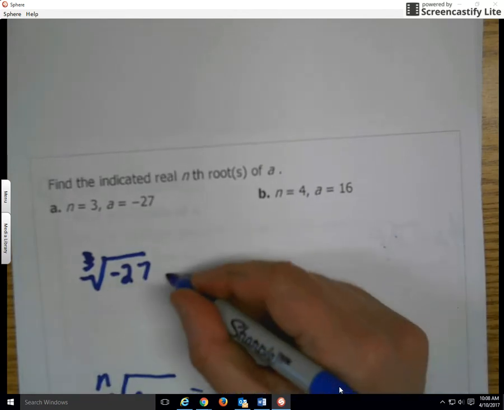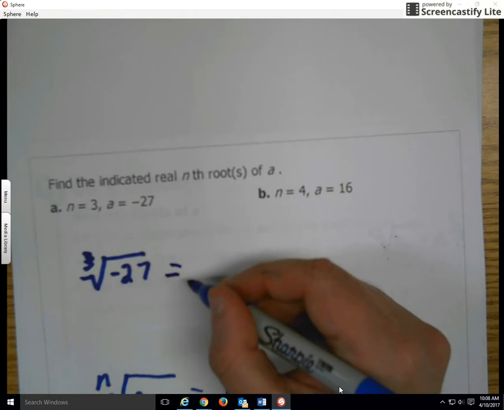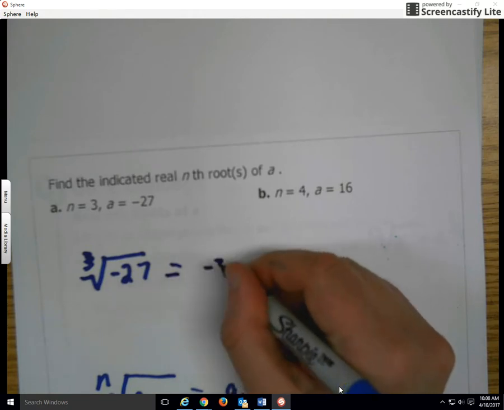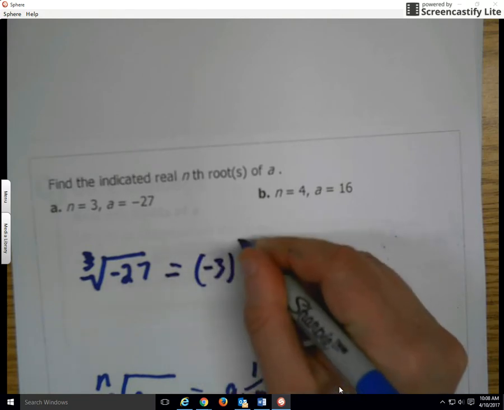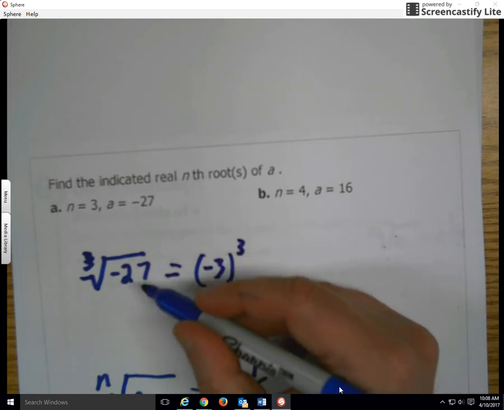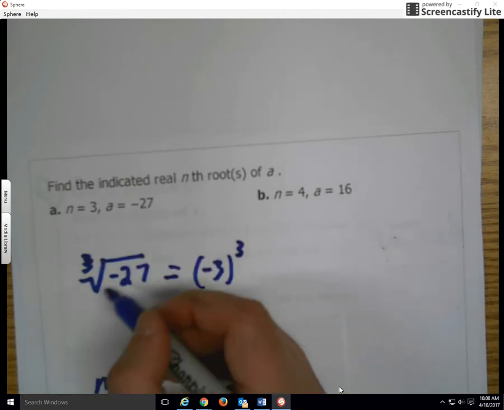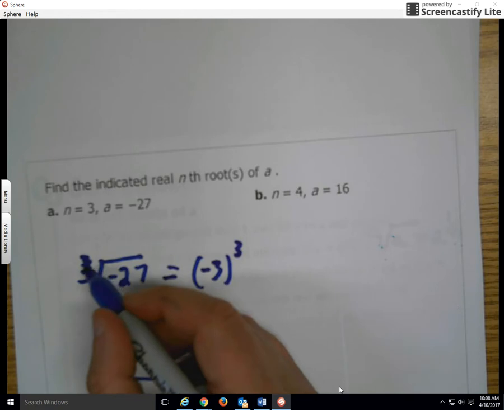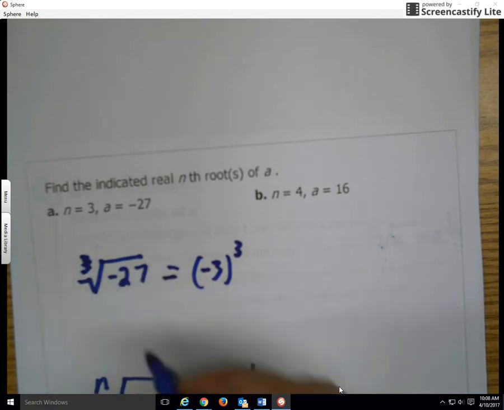So remember that a negative 3 to the third power, if we were going forward, would be a negative 27. So going in reverse, what would be the cube root of negative 27? Well, it would also be a negative 3.